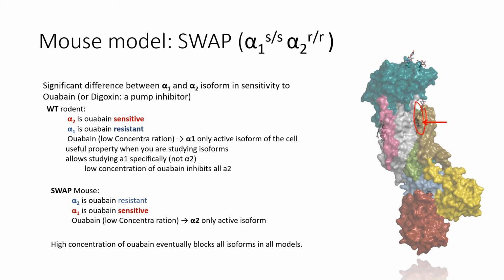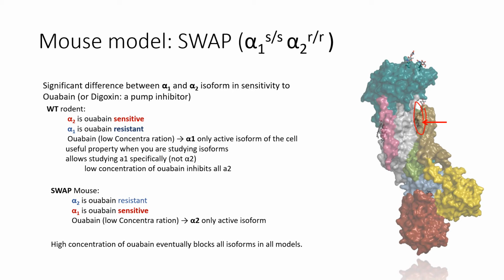This is a very useful property when you are studying isoforms, but the problem is that it allows studying alpha-1 specifically, not alpha-2, because even a low concentration of ouabain eventually inhibits all alpha-2 isoform.